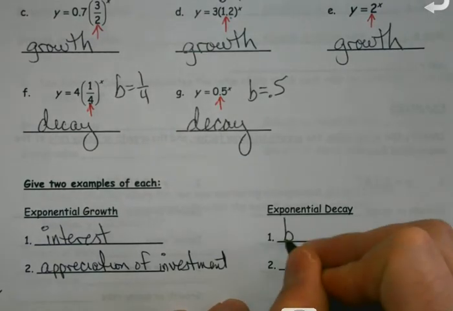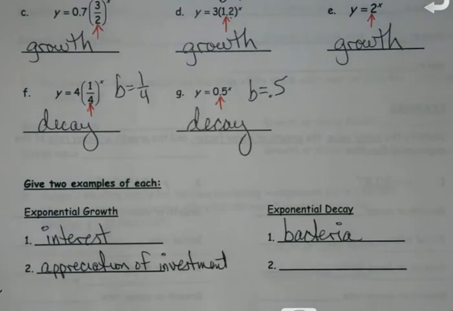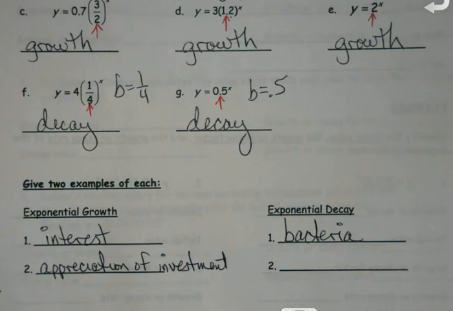If you have decay, there's certain types of bacteria that over 10 minutes may decay, or over an hour, or over a longer period of time. Back when nuclear energy was first becoming part of things, they always talked about how long does it take a nuclear isotope to decay to where it'd be safe. Okay?